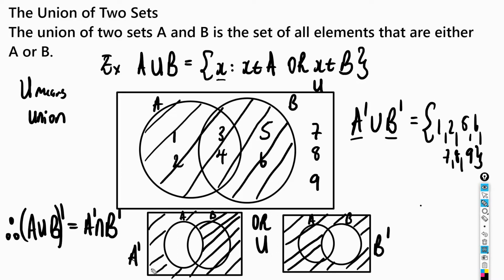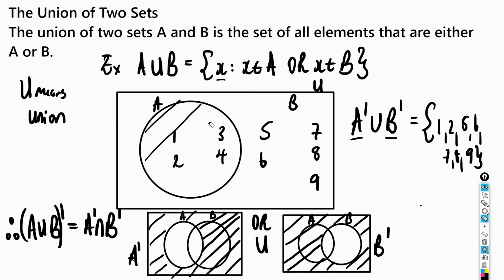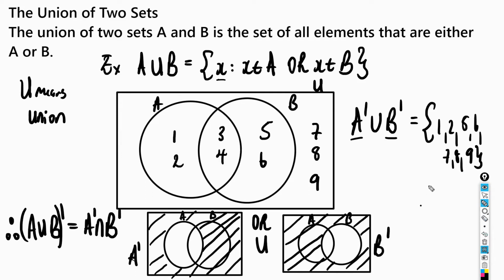So when you find the union of A prime and B prime, you actually just end up with everything outside of the intersection. So A prime union B prime is equal to 1, 2, 5, 6, 7, 8, and 9. All right, so let's put that on this here.